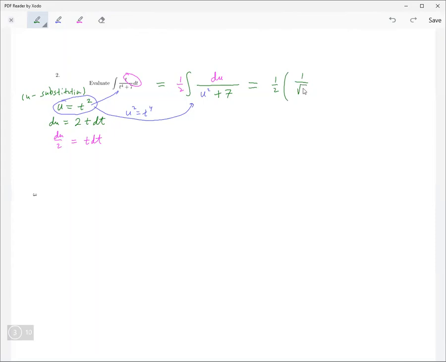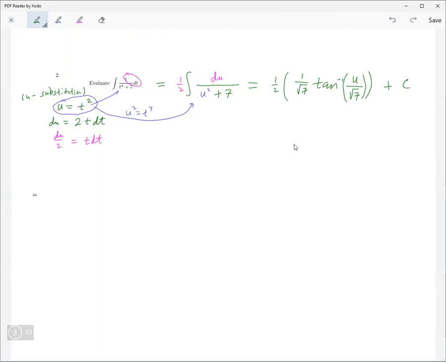So 1 over root 7 times the inverse tangent of u over root 7 plus constant. Let me put parentheses around that.